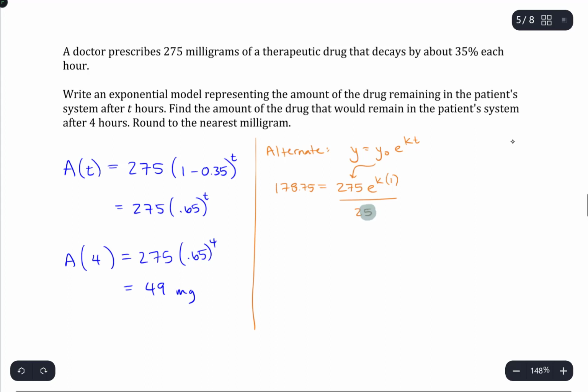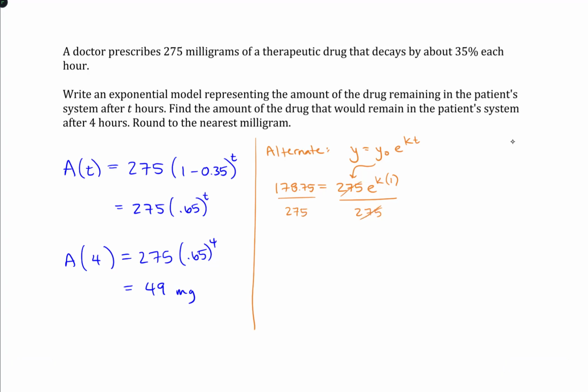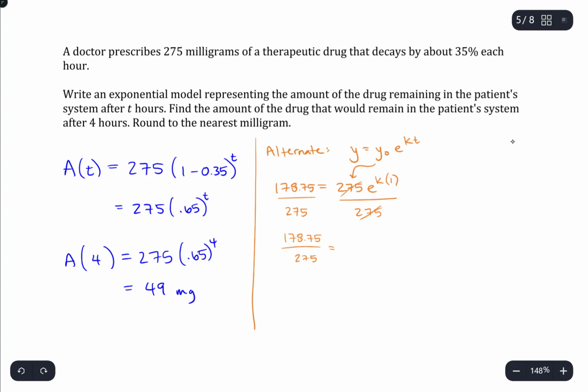We would try to get k by itself, but we aren't going to be able to do that until we get the 275 out of the way. So I now have 178.75 over 275 is equal to e to the k.